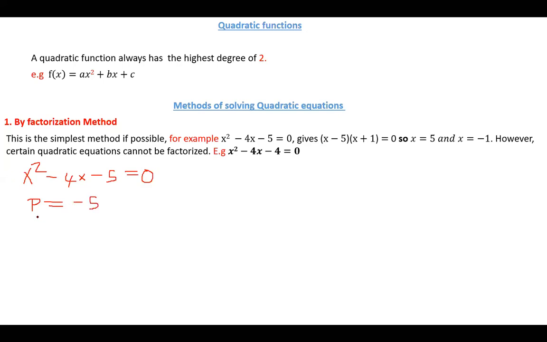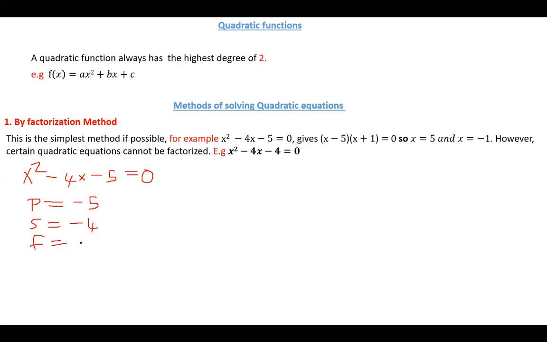And then you find the sum. The sum there is just this part here, meaning it's negative 4. So you find two numbers that when you multiply them, you get negative 5, and when you add them, you get negative 4. Which are these two numbers?